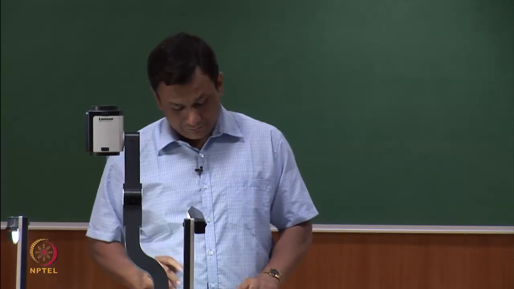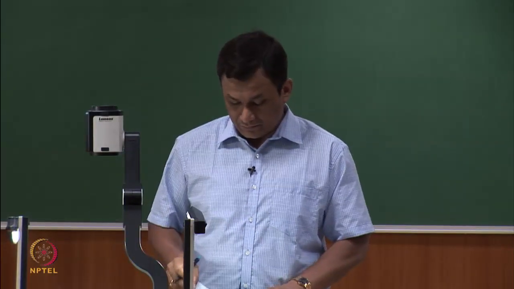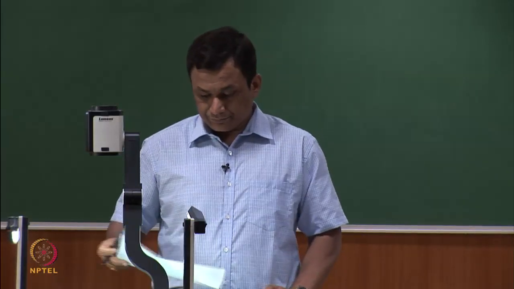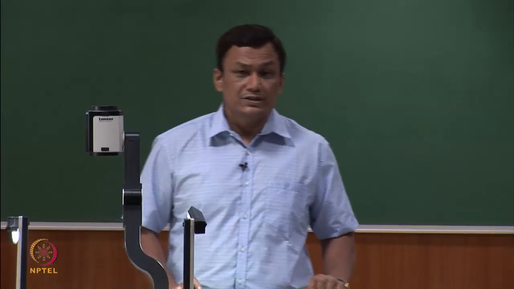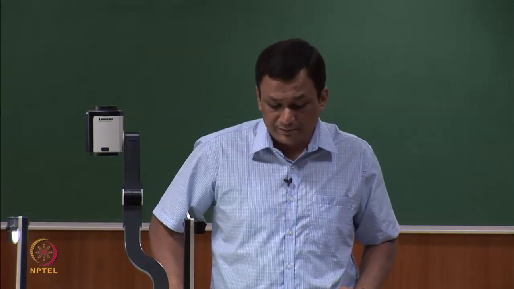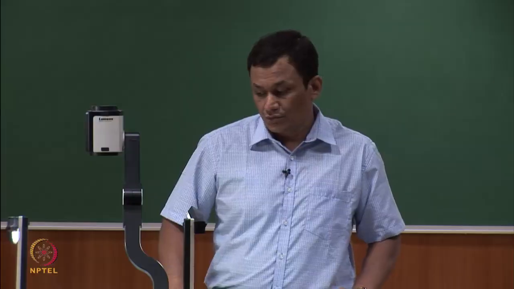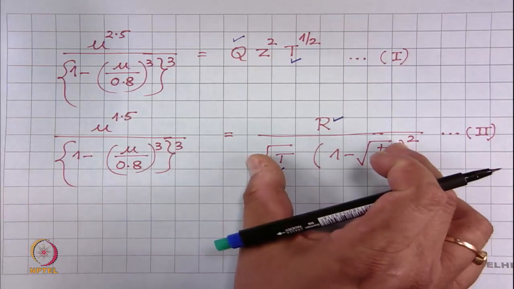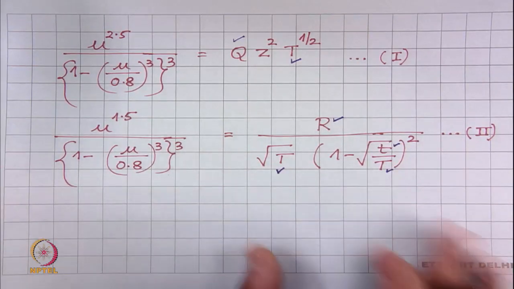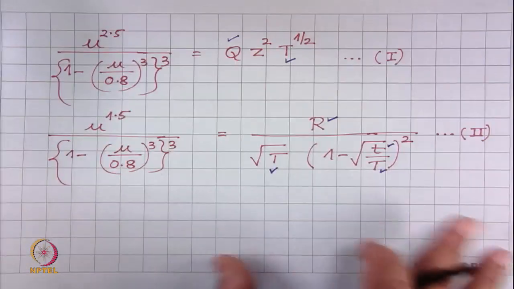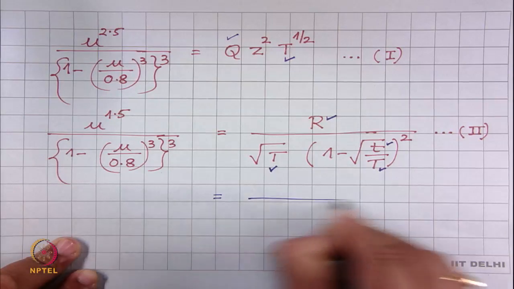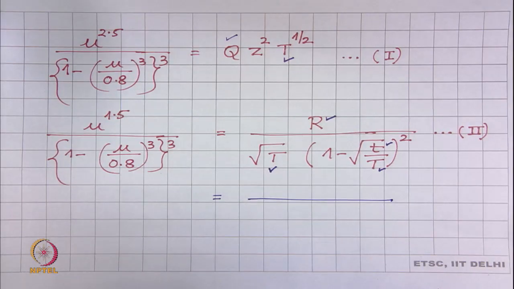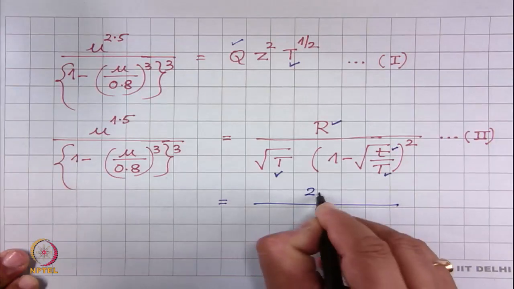Now, we will use these two equations for solving this problem. First, we find out this. So, we start from here. It is long staple cotton. So, what is the value of R for long staple cotton? 2.145.